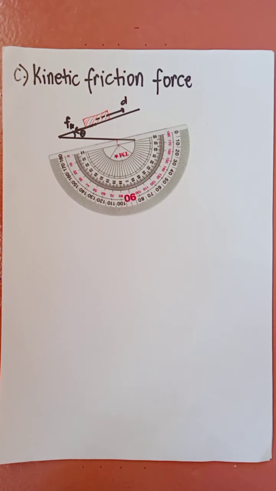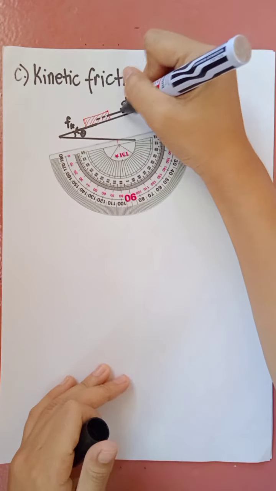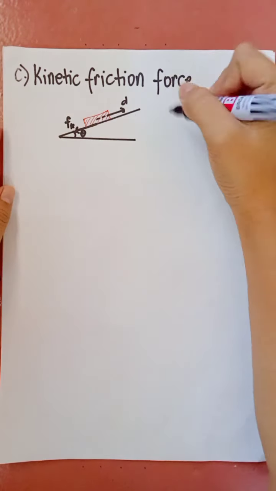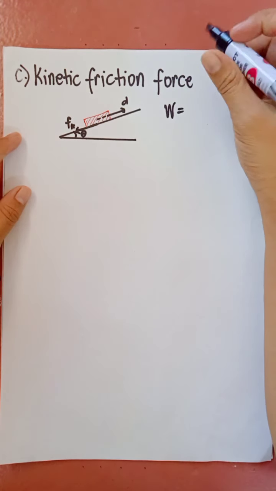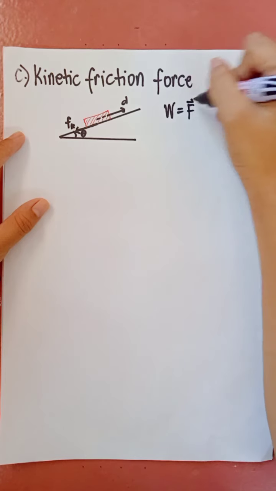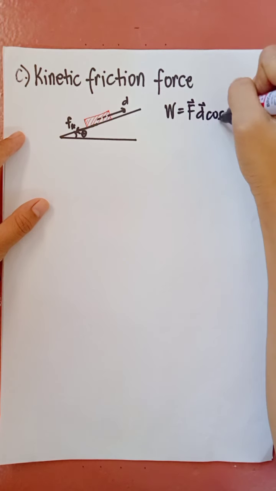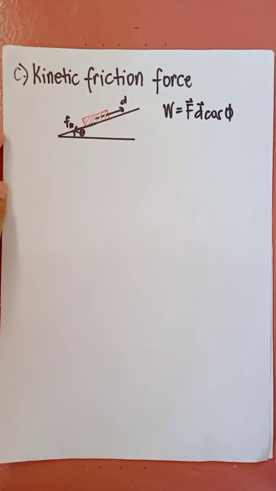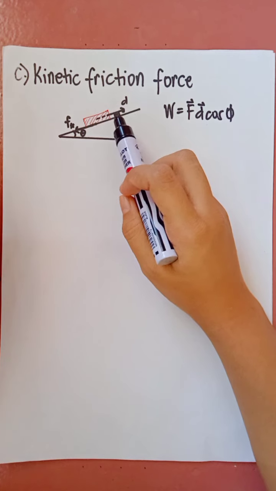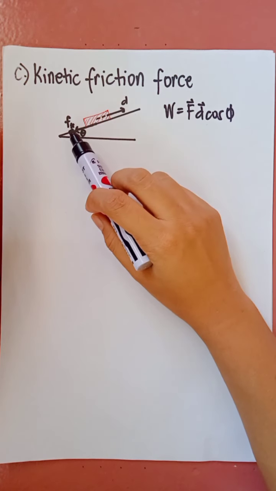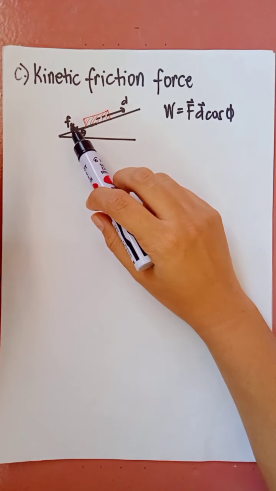Okay, now let us proceed to the calculation. So work done is still F force times displacement cosine phi. How much is phi here? What is the value of angle phi? As you can see, the angle between the displacement and the kinetic friction force is obviously 180.